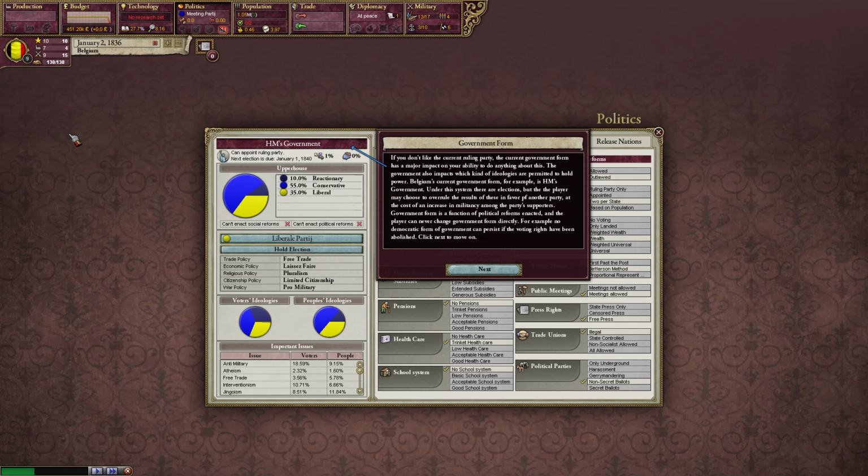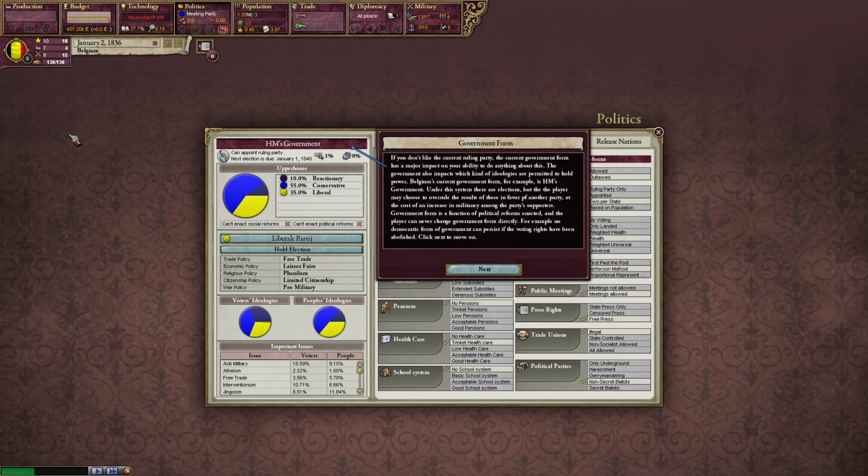If you don't like the current ruling party, the current government form has a major impact on your ability to do anything about this. The government also impacts which kind of ideologies are permitted to hold power. Belgium's current government form, for example, is HM's government.